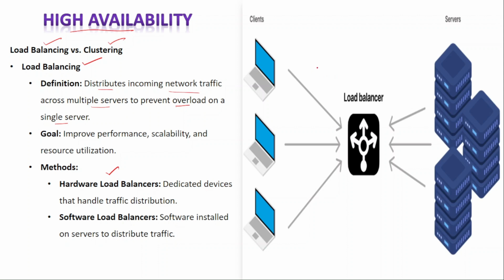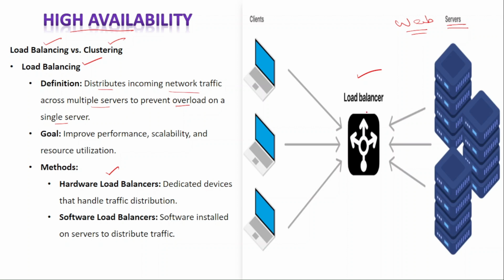to distribute traffic. So the concept behind the load balancer is that we have, let's suppose, multiple clients, maybe dozens or hundreds, and they want to access certain services, such as, let's suppose, web servers.